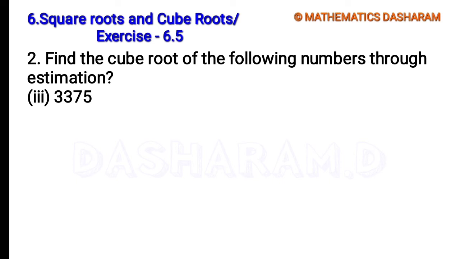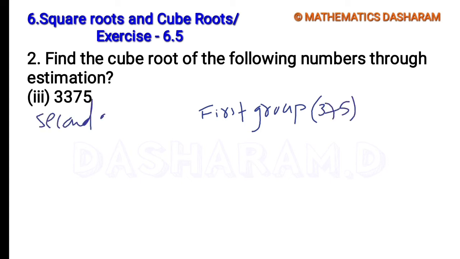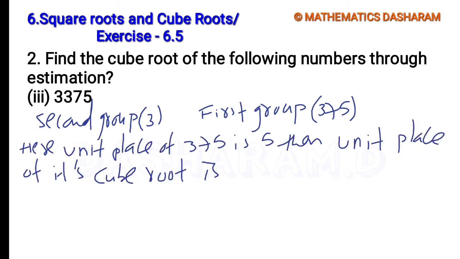Next, third question, 3375. Here the first group is the last 3 digits, so 375 is the first group. Next, the second group is the remaining digits, 3. From the first group, the unit place of 375 is 5, so the unit place of its cube root is 5.